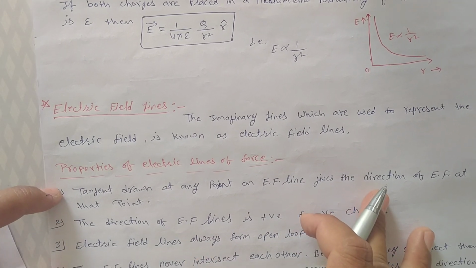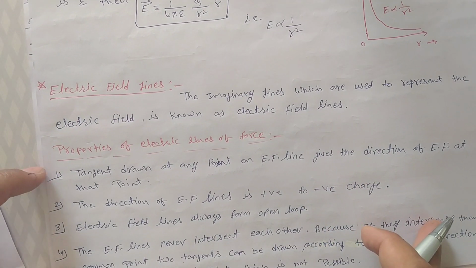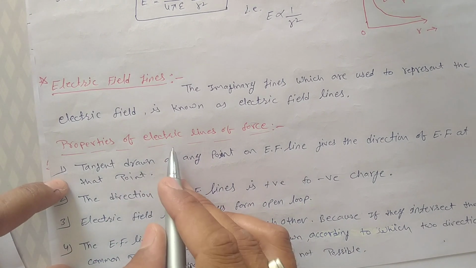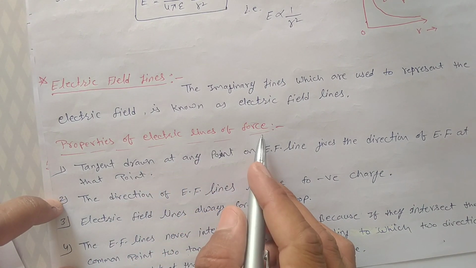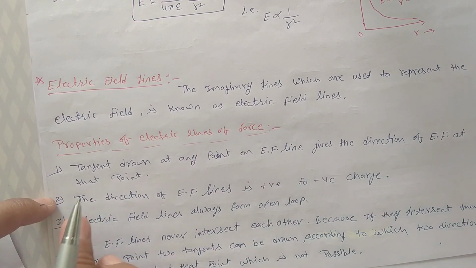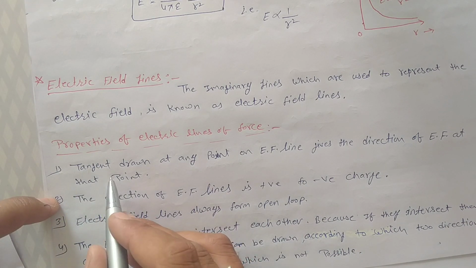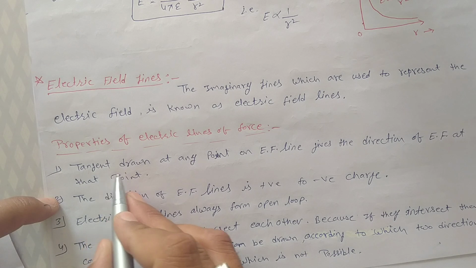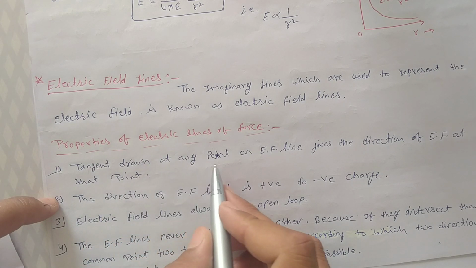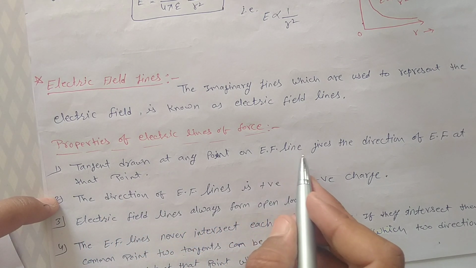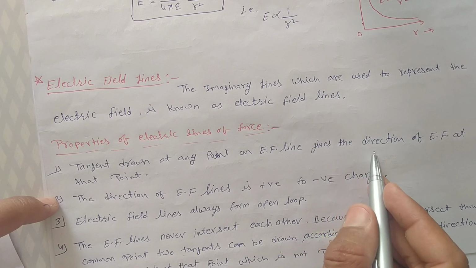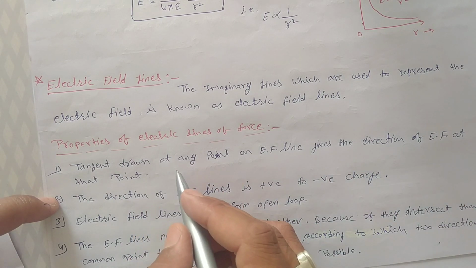Electric field lines have some properties. So, properties of electric lines of force. The first property of electric field lines is that the tangent drawn at any point on an electric field line gives the direction of the electric field at that point.